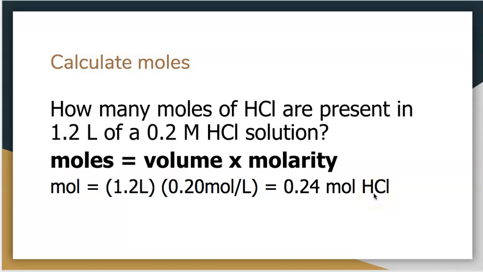Now the only thing you need to be careful of here is that your concentration, your molarity, and your volume are in the same units. See how these both use liters? If I had given you the volume in milliliters, you would have needed to convert first, because milliliters divided by liters doesn't cancel out. It needs to be liters in both places.